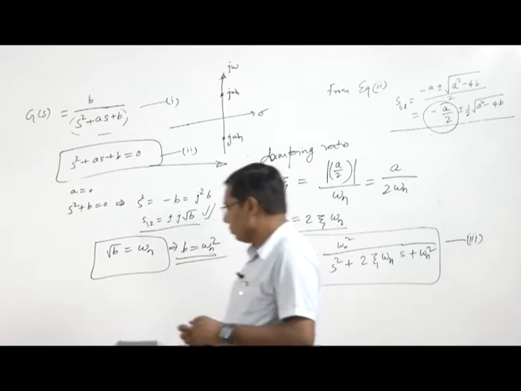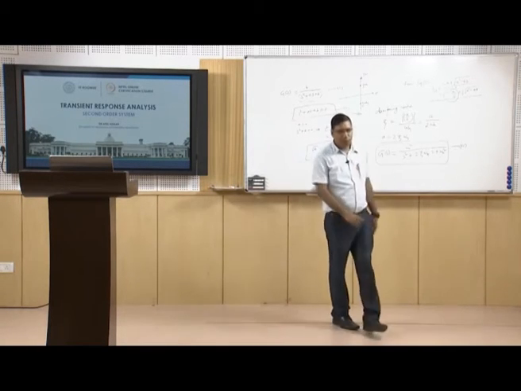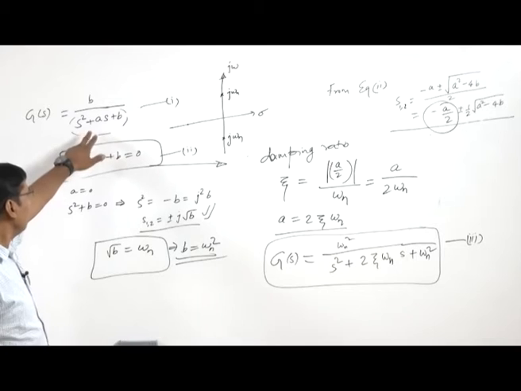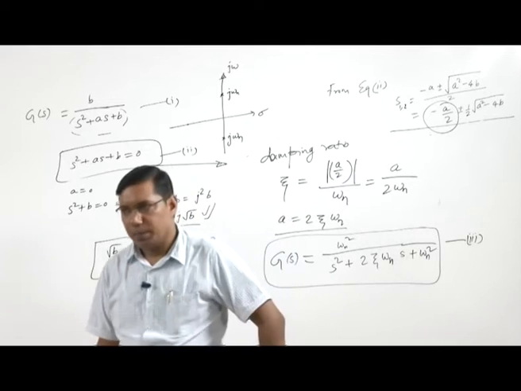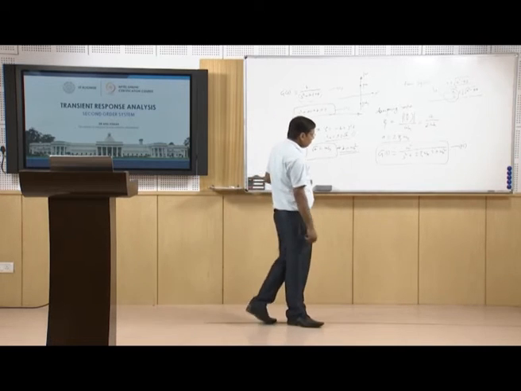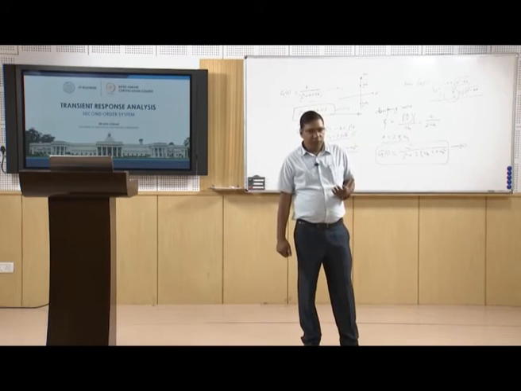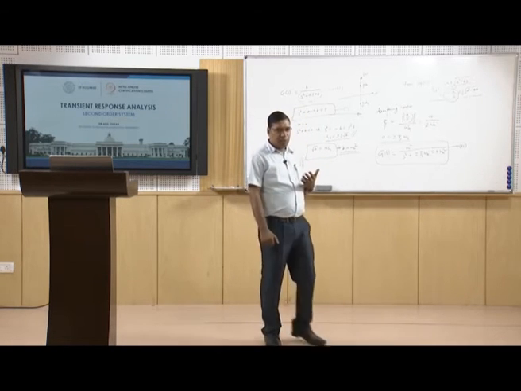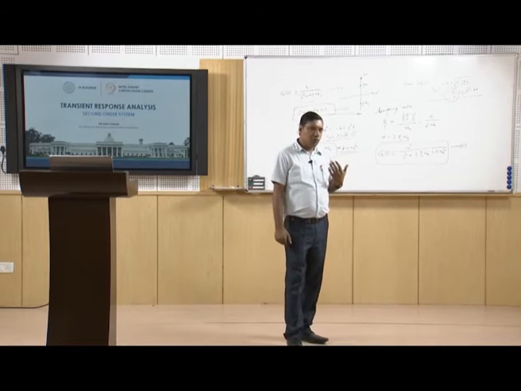So this is another representation of the second order differential equation, where we have changed the parameters A and B in terms of damping ratio and natural frequency, and this representation is more important because based on the damping ratio we can divide the second order system into 4 different cases that we discussed based on the roots.